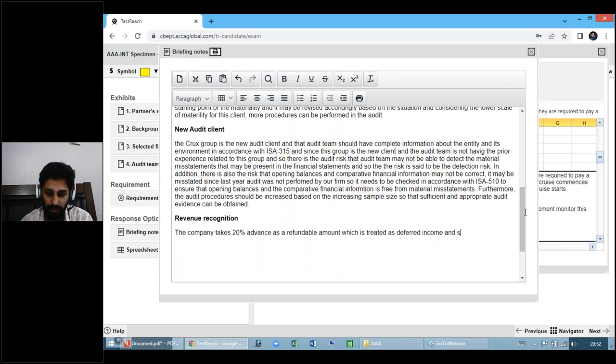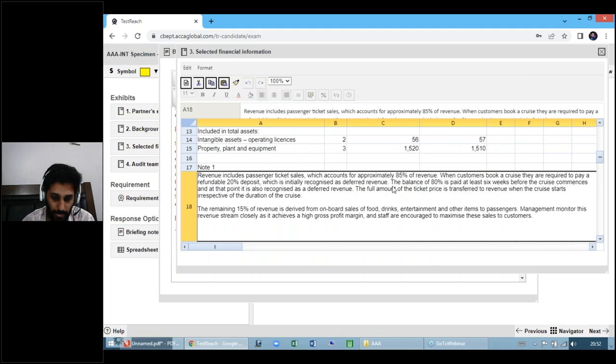And the next thing, about the 80%: when the customer books, they are required to pay a 20% deposit. The balance of 80% is paid at least 6 weeks before the cruise, which is also recognized as deferred income. So that's the correct treatment. I should appreciate it, because when you are trying to evaluate, you should write more and more.